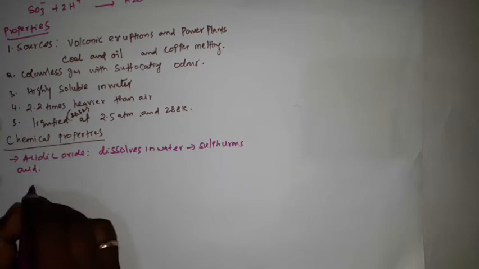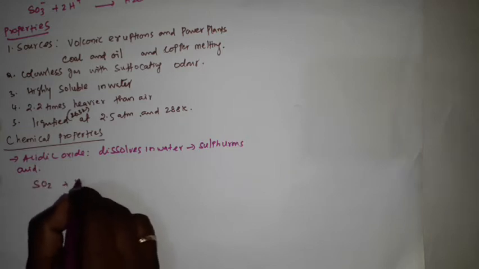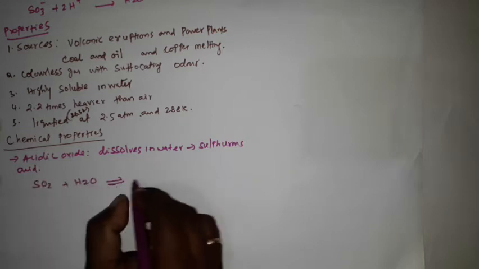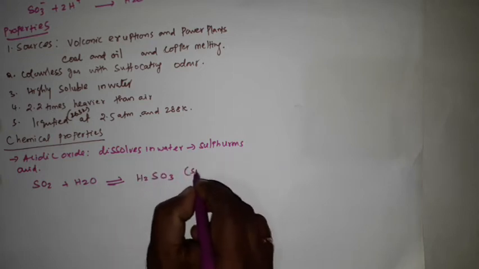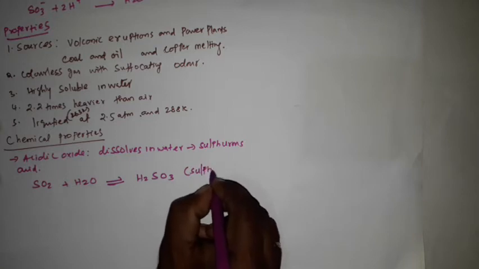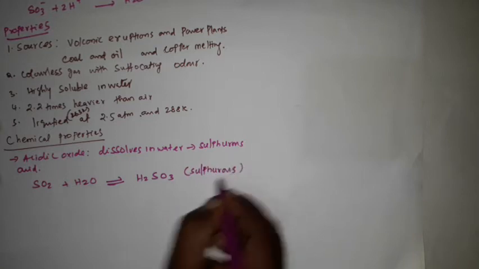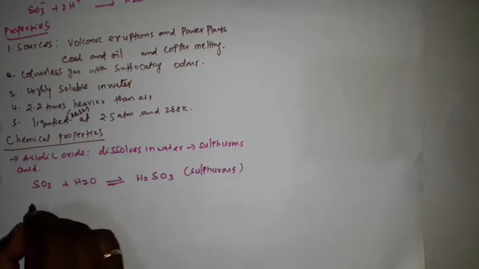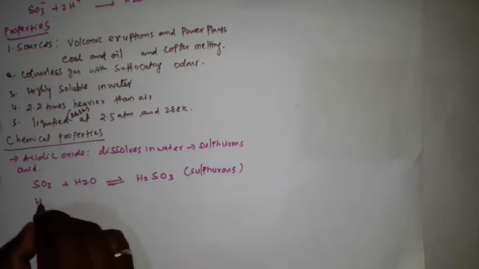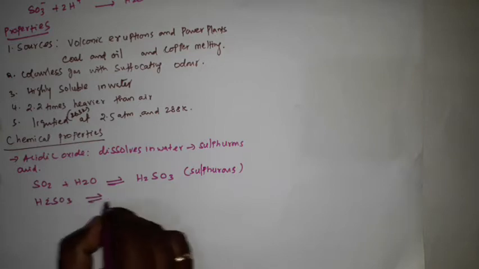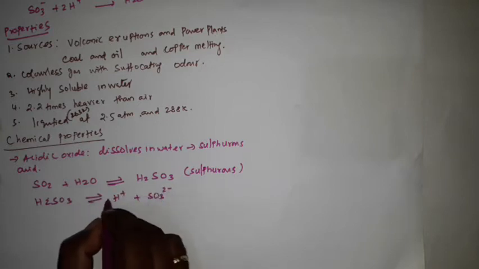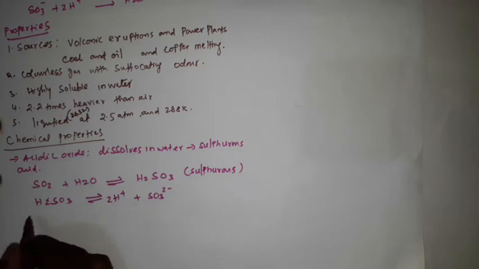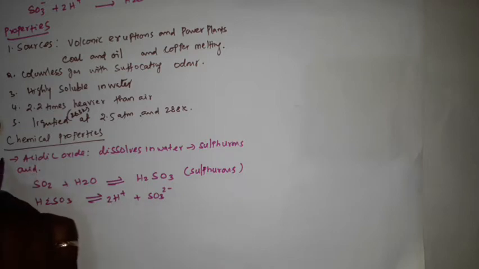The equation is sulfur dioxide, when it dissolves in water, it will produce sulfurous acid, that is H2SO3. This is sulfurous acid. Okay. So the sulfurous acid, again it can dissociate into ions, H2SO3, 2H+ plus SO3 2-. Right. So that's all about the acidic properties.